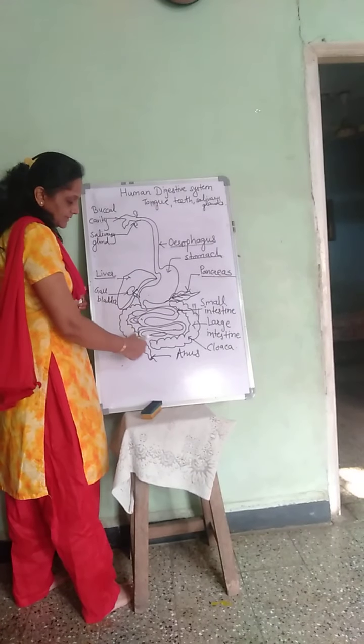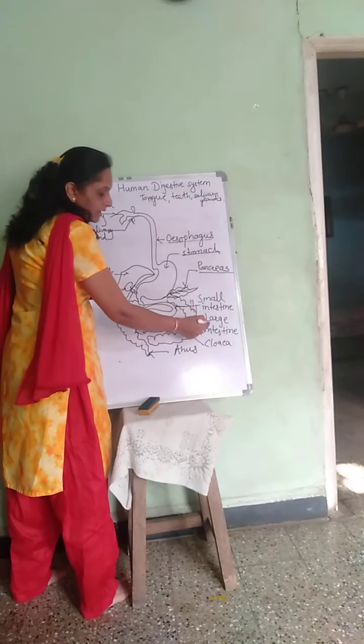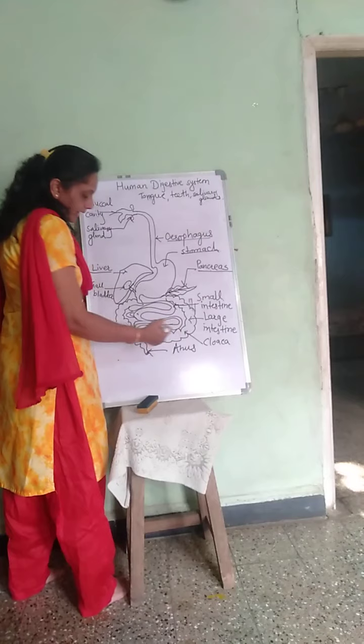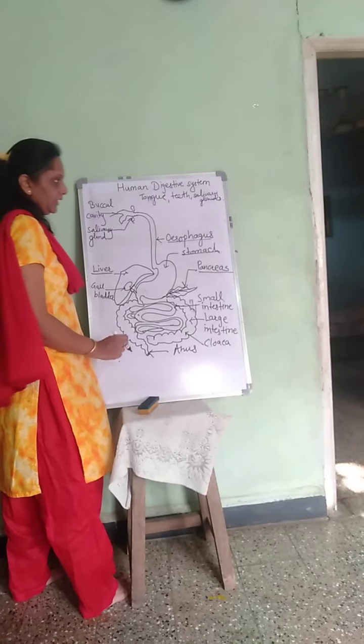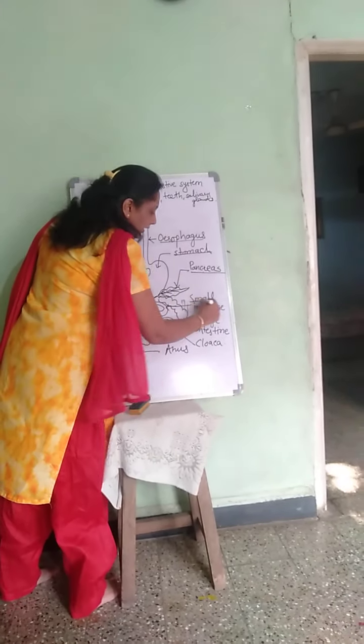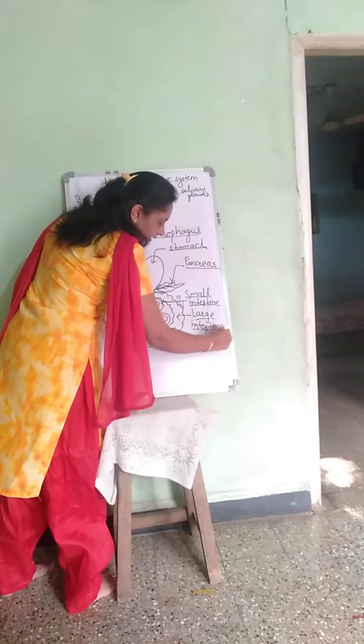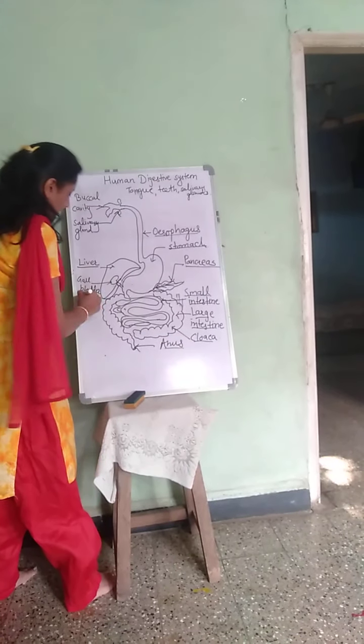Then the small intestine is wrapped around by the large intestine, which has a cloaca and the anal opening. So these are the various organs in the human digestive system.